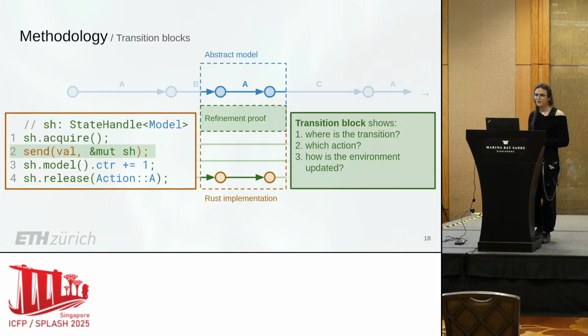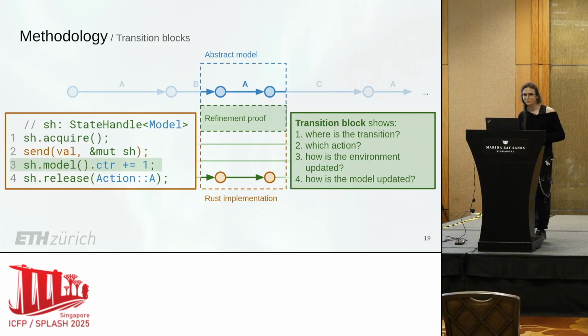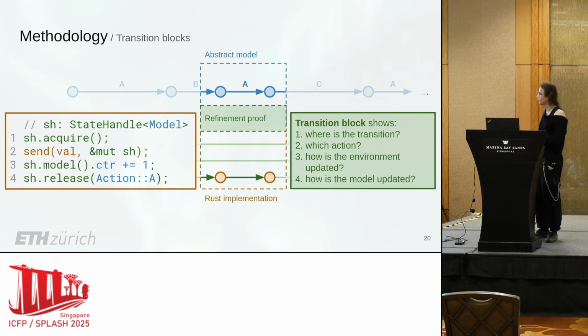They tell us how the implementation is updating the environment by using standard library or IO method calls, and potentially also how the model state is updated for the sake of the proof. And so it's important to note that these IO operations, like sending packets to the network, are just not allowed outside of transition blocks.